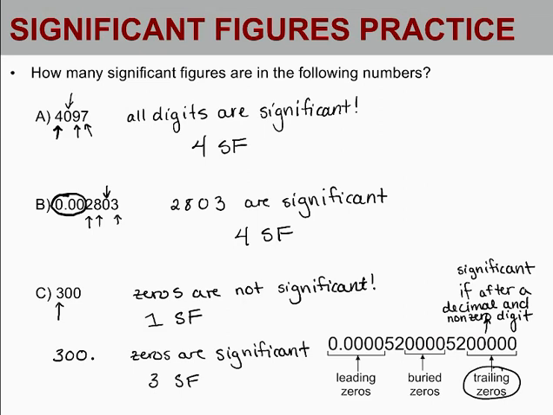We would write this in scientific notation as 4.097 times 10 to the third, because we would have to move the decimal place 3 times in order to get to our coefficient. And this is a larger number, so the exponent would be positive. And the coefficient tells us the number of significant figures.